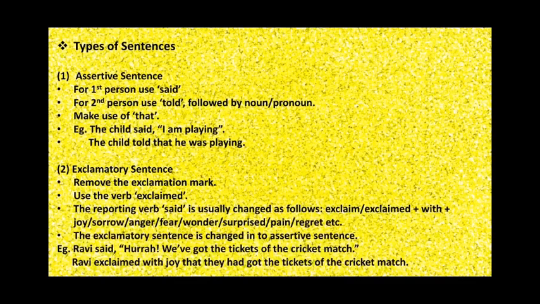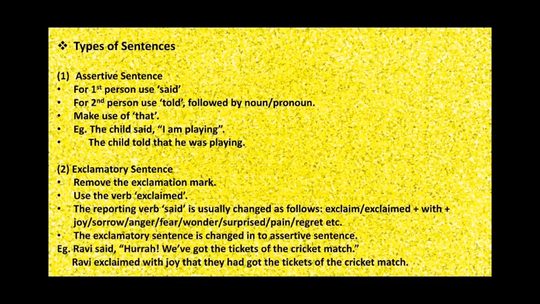Now let's see how to change into indirect speech in the types of sentences. The first one is the assertive sentence. So in this, for first person, you need to use said.